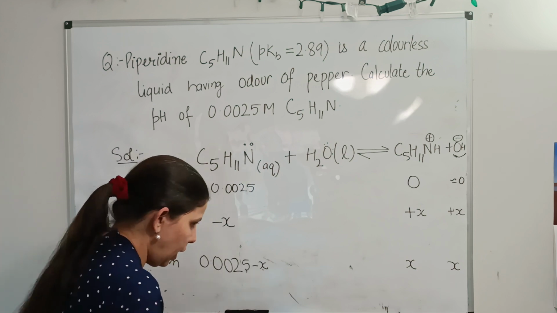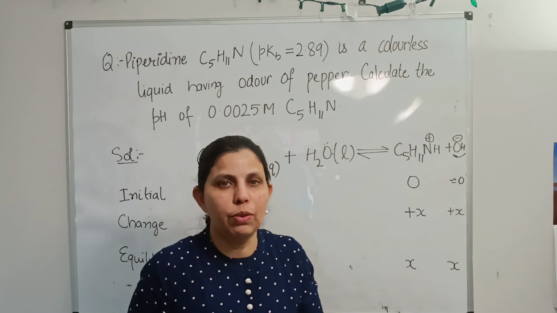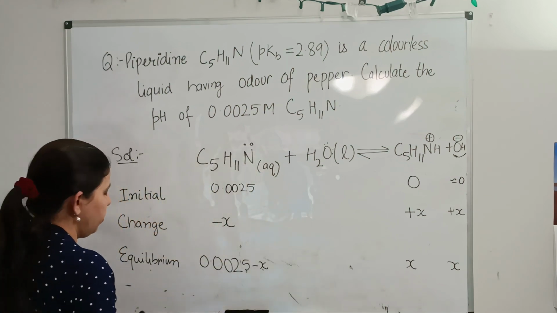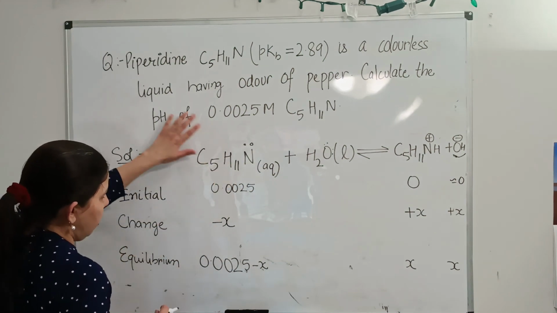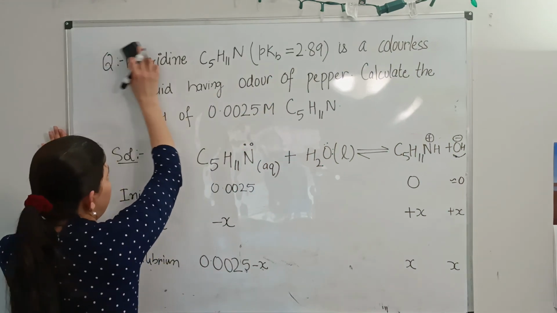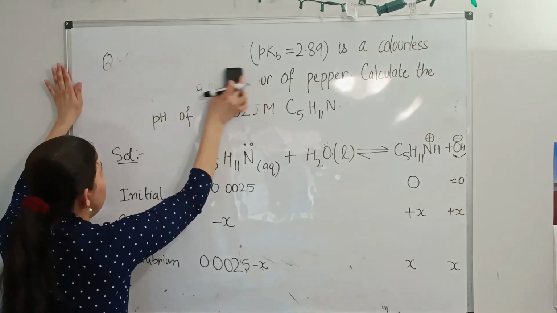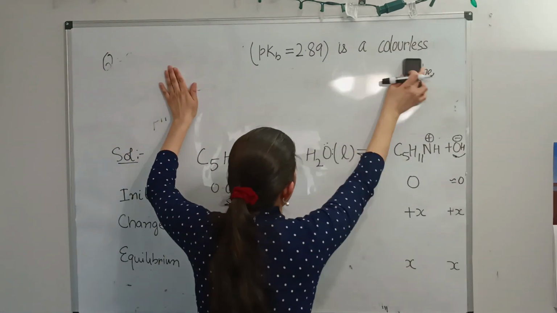So we could calculate that. Or we also know that pH plus pOH is equal to 14. So either way we could do this. Now, please keep this value in your mind. That is pKb is equal to 2.89 for piperidine.